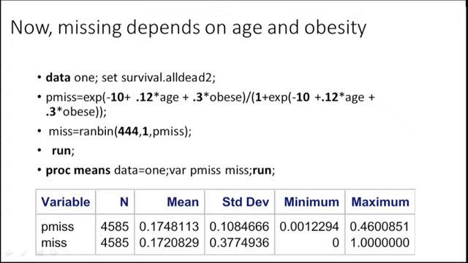Suppose I generate a probability of being missing that depends on age and obesity.